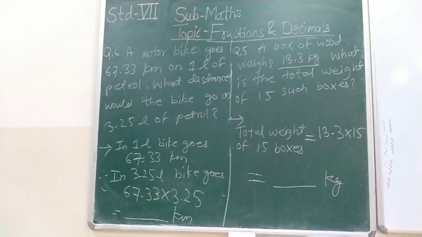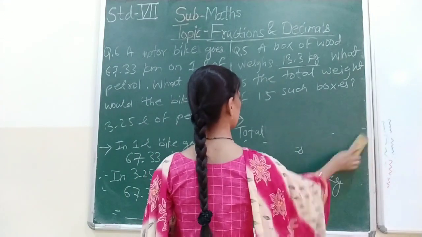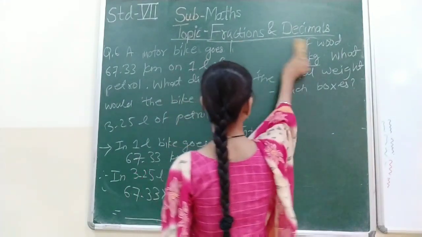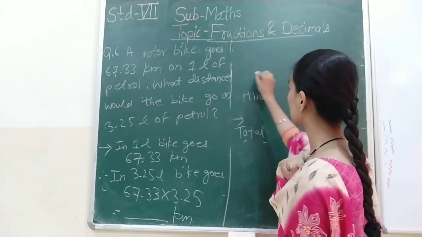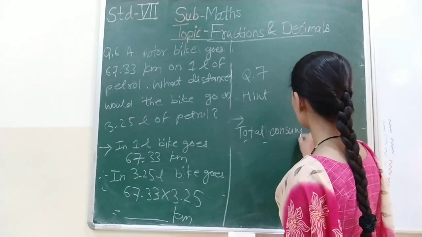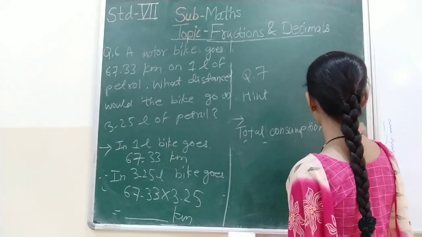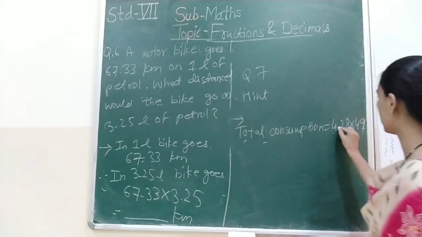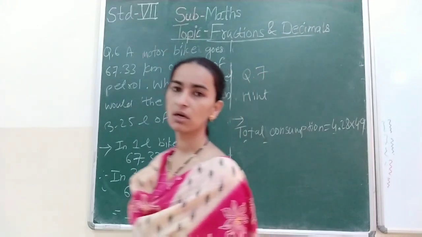The answer will be to multiply 4.28 by 49. Hint for question number 7: total consumption, 4.28 multiplied by 49. That much is the answer.